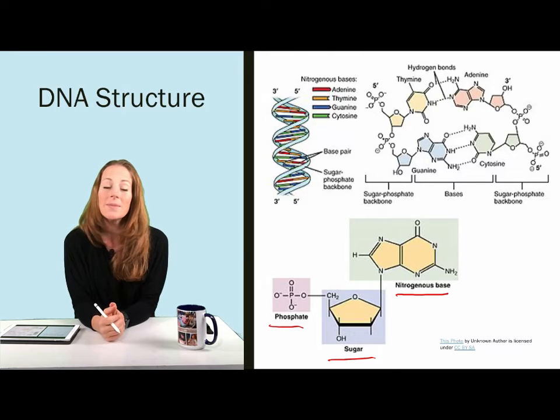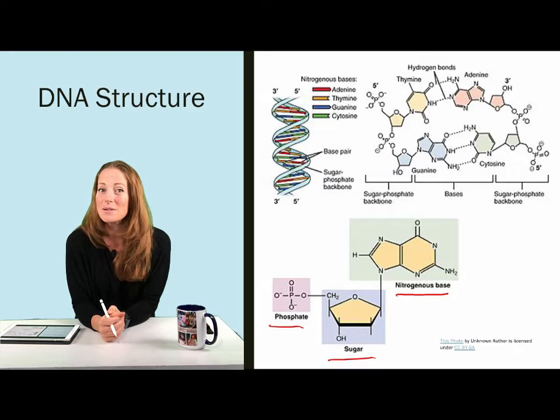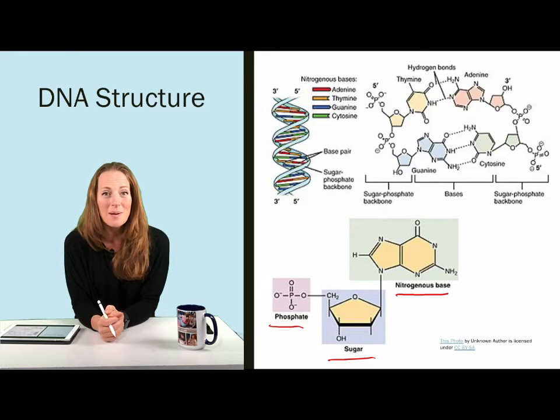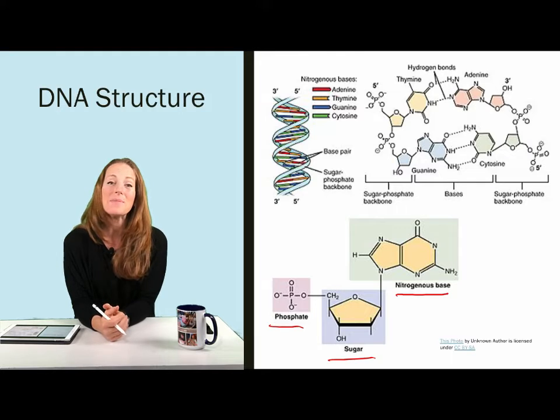And remember, the letters are A, T, G, and C. A's always bond to T's, T's always bond to A's, G's always bond to C's, C's always bond to G's. Keep that in your memory. It's very important.